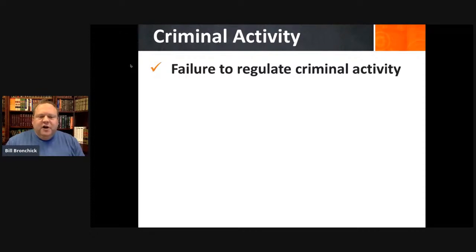If you know there's drug dealing going on, and the drug dealer comes to collect his money from one of your tenants who hasn't paid, and there's a big argument, and another tenant opens the door and says, shut the heck up, we're trying to sleep, and the drug dealer turns around and shoots that other tenant, you could be held liable for that by allowing the criminal activity that caused it in the first place.